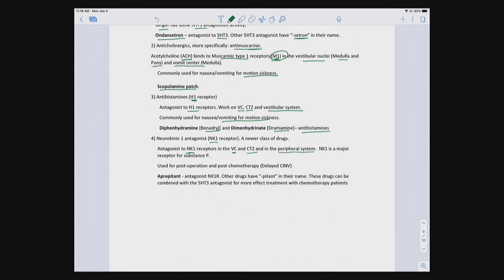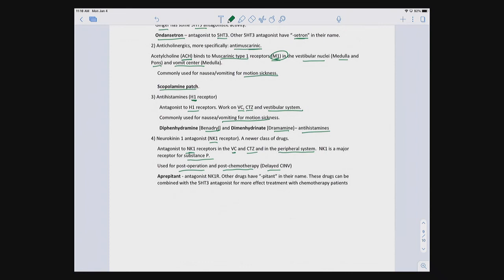And as we talked about earlier, the neurotransmitter that binds to the NK1 is going to be substance P. These class of drugs tend to be effective for post-operation nausea and vomiting, and also post-chemotherapy. And again, as we said earlier, in particular, the delayed chemotherapy-induced nausea and vomiting.